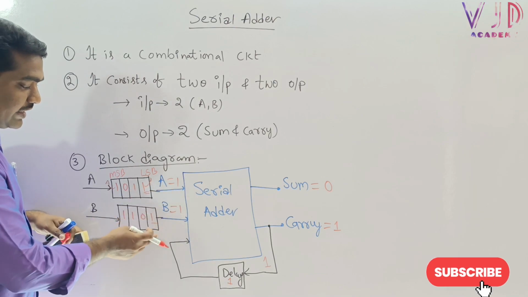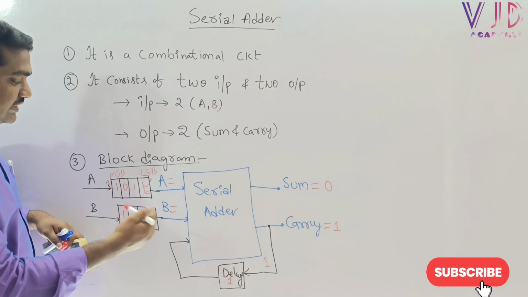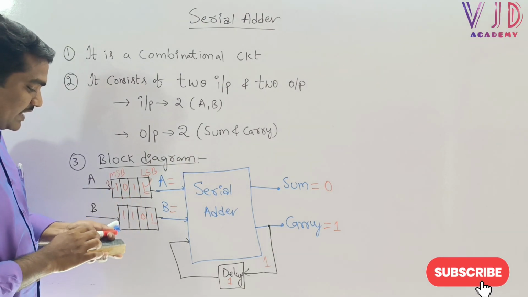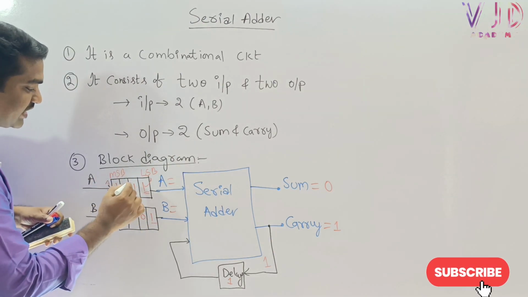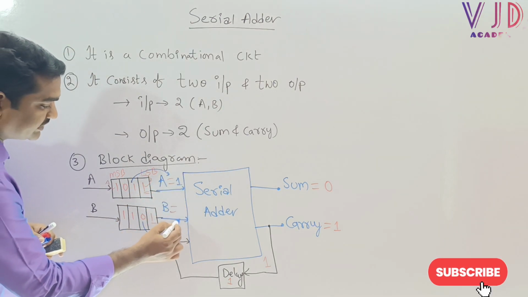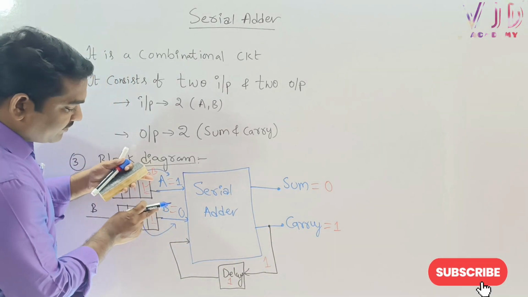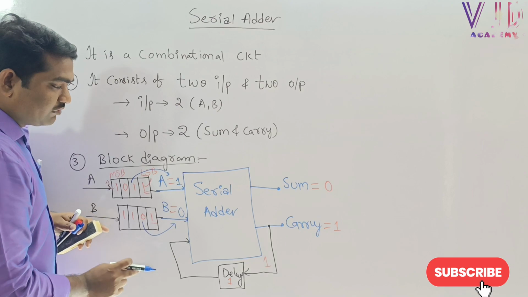The first addition is done, and this will be removed, and the next addition will be with the next consecutive inputs: A equal to 1 and the second bit B equal to 0.